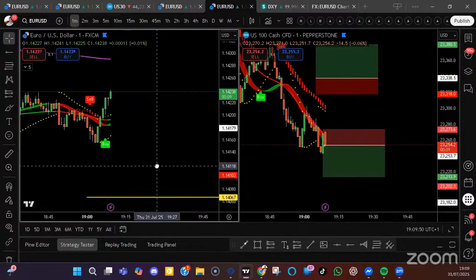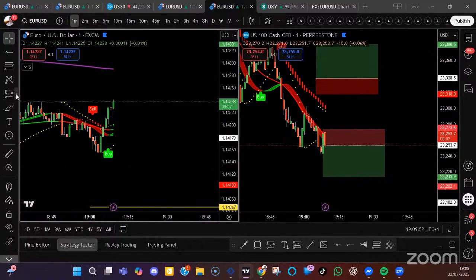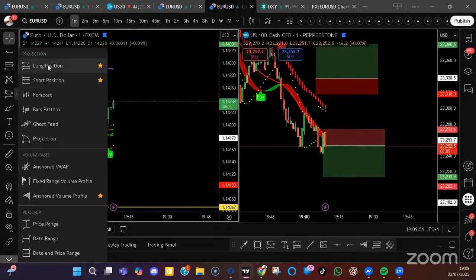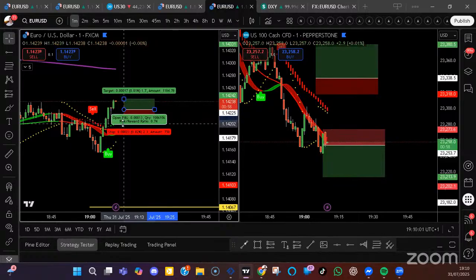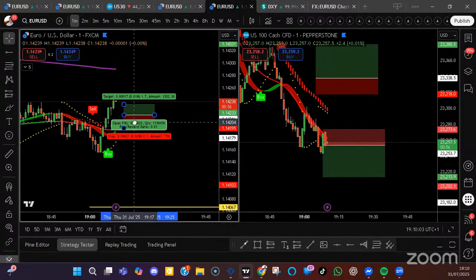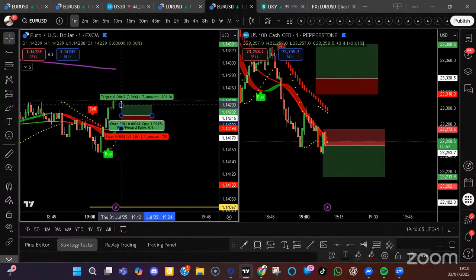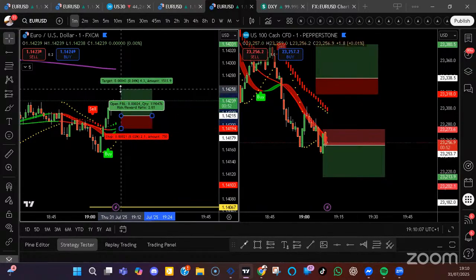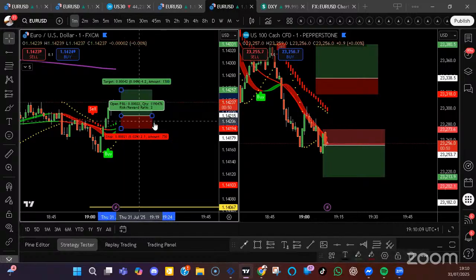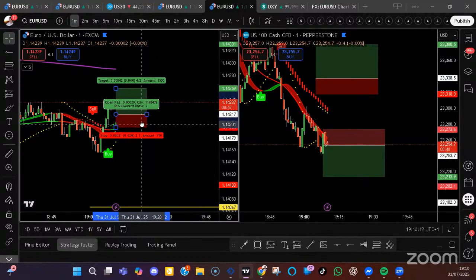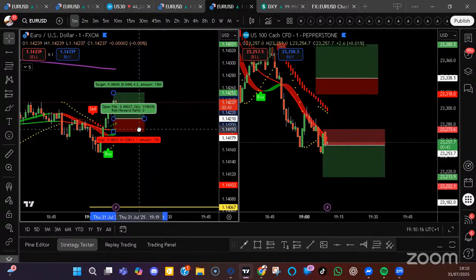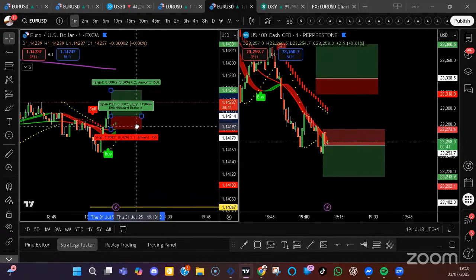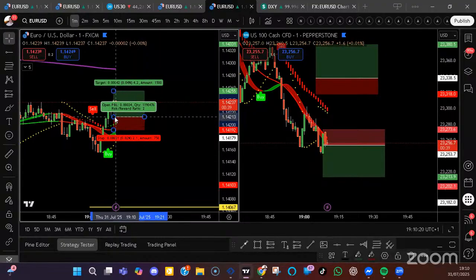Meanwhile, on the EUR USD, keeping 2.2 pips away. Buy alert there. So you would have effectively been in, that's where your stop loss would be.